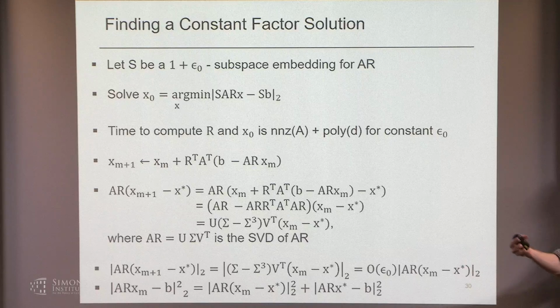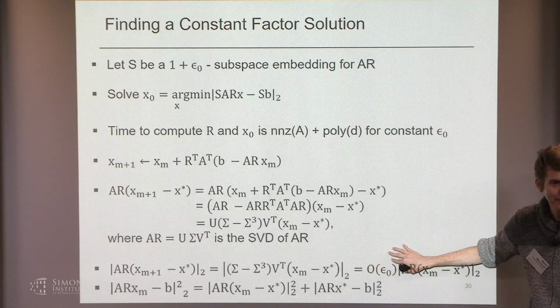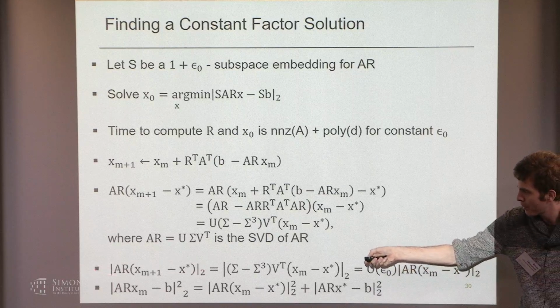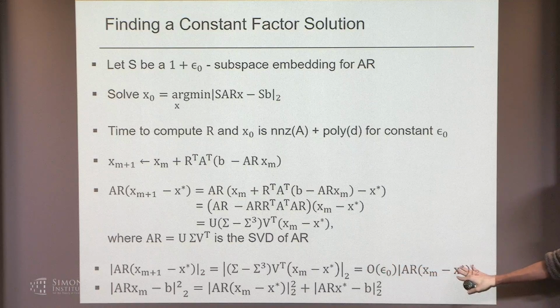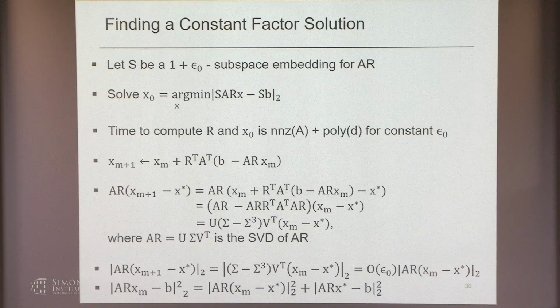If I apply it log 1 over epsilon times, and this factor is like a half, I get 1/2 to the log 1 over epsilon, which becomes epsilon. So this norm is at most epsilon times the norm of AR(x_0 minus x star). And that is a constant factor solution to the original problem, so it'll be epsilon times 2 times the optimal cost.